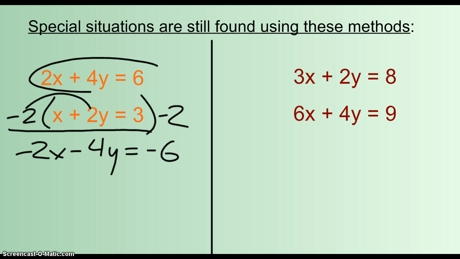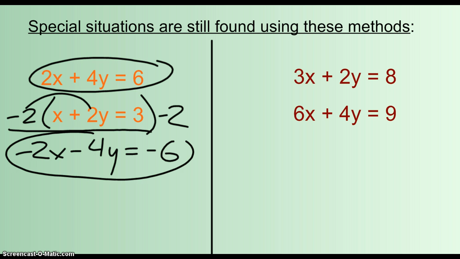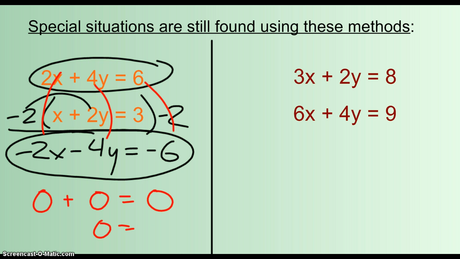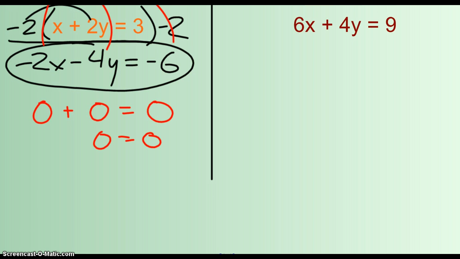Notice now that when we add those together, 2x plus negative 2x is 0. 4y plus negative 4y is 0. And 6 plus negative 6 is 0. And I'm left with 0 equals 0. If ever that's the case, you have the same exact line. 0 equals 0 is true. So this is one of those infinite solution cases.